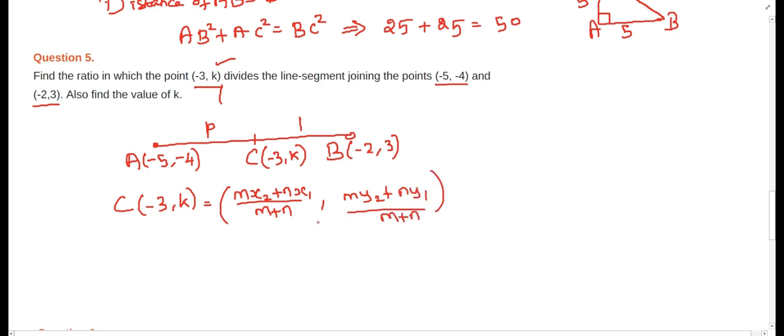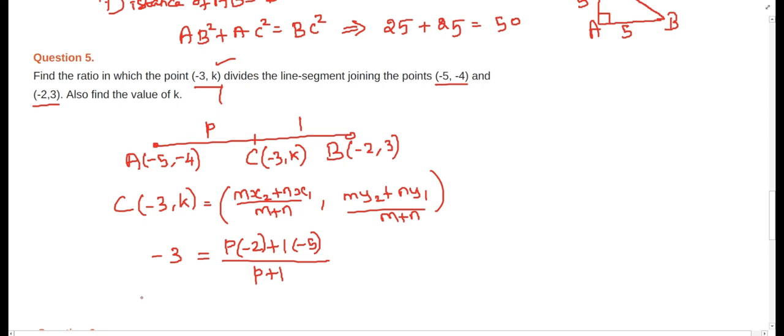Okay, we know the values of x1, y1, x2, y2 and m and n. So just compare the corresponding coordinates of x and y. So minus 3 equal to, I am just applying the values of m and n, m value is p, x2 is minus 2, plus n is 1, x1 is minus 5, divided by m plus n, that is p plus 1.